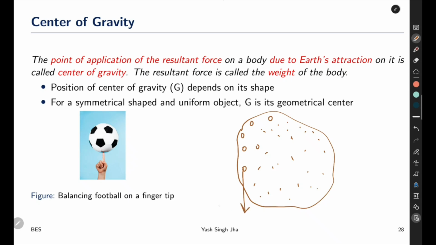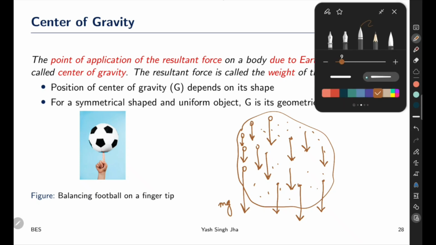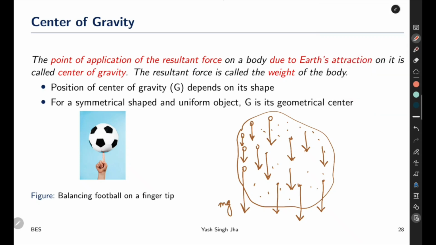Let's say the weight is small mg. All these arrows are small mg. The particles make up the object, so the weight of the object would be the sum of all these small weights. Let's say the weight is W, capital Mg.